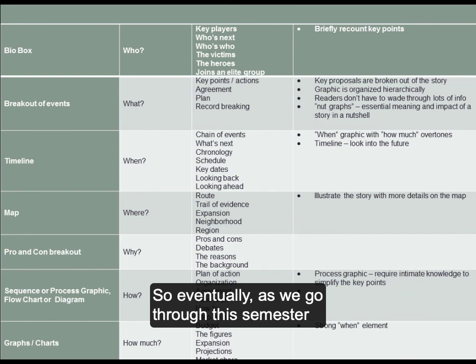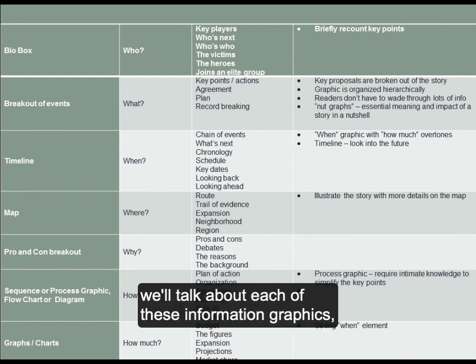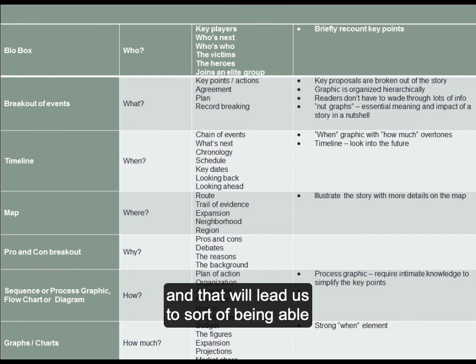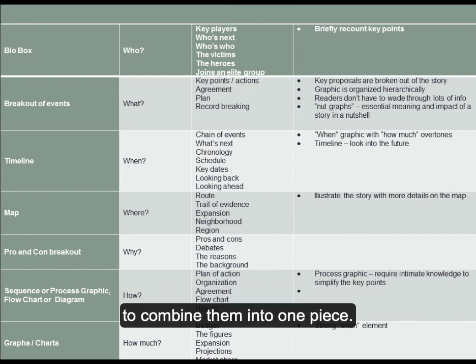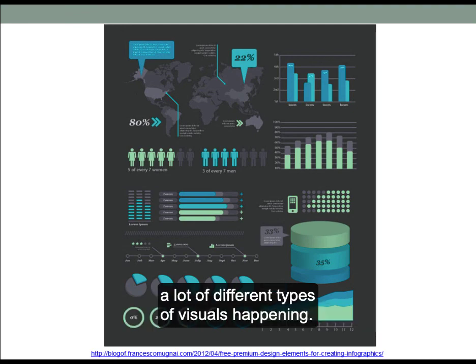Eventually, as we go through this semester and this course, we'll talk about each of these information graphics, and that will lead us to being able to combine them into one piece. That's what we so commonly call infographics today, really a key word today. I pulled up some information here just to show you that we've got a lot of different types of visuals happening.